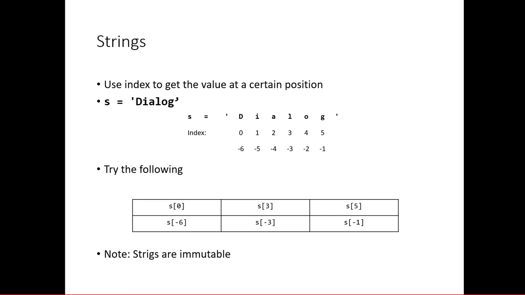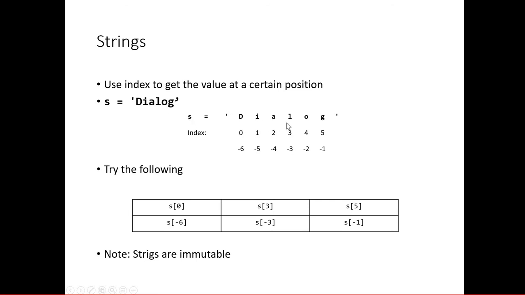Let's say we have a variable s and we assign a string containing dialog. Remember, the characters are like a list. So if you ask what a string is, we can say it's like a list.